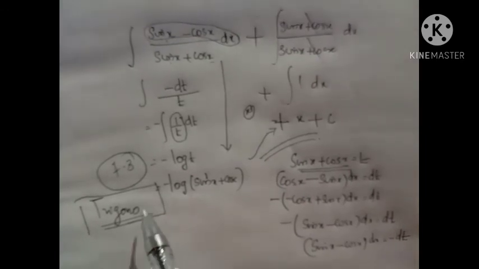But in the case of exercise 7.3 questions, all the functions are of the form trigonometric ratios. So to apply the substitution method, first we need to convert the given function into another function with the help of trigonometric results.